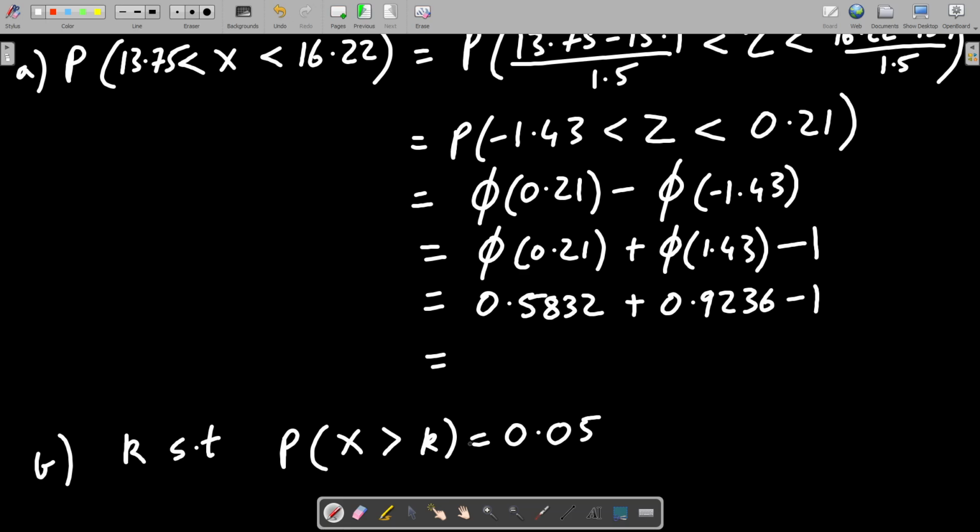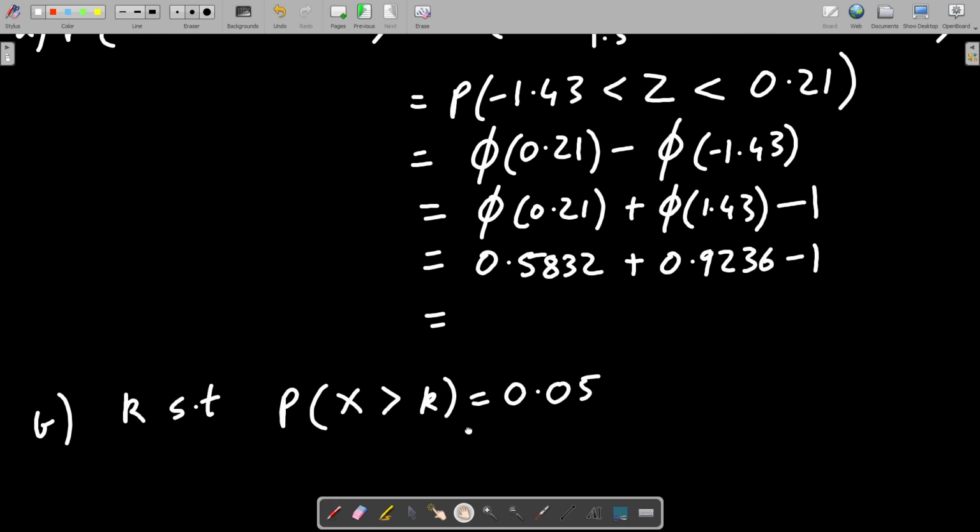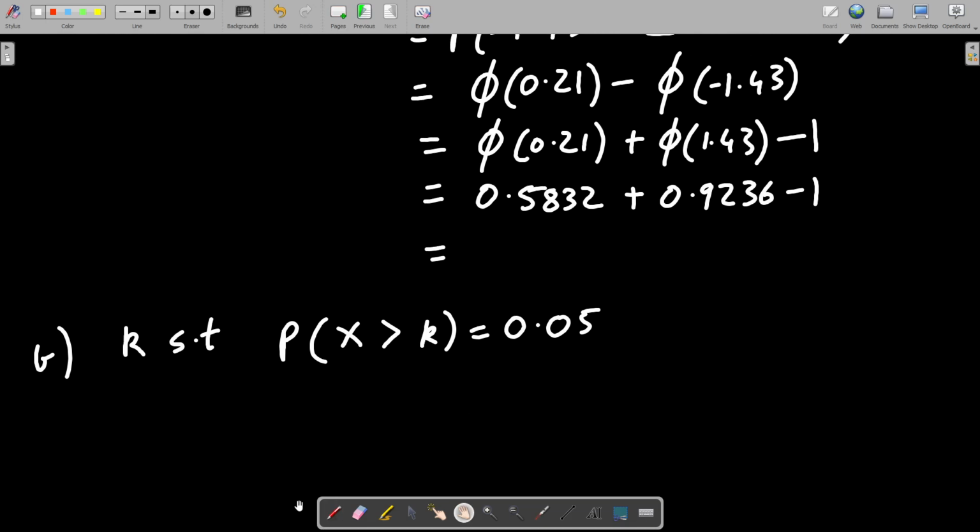But this is the same as writing the probability of X less than K is 0.95. Writing it this way will be easier.